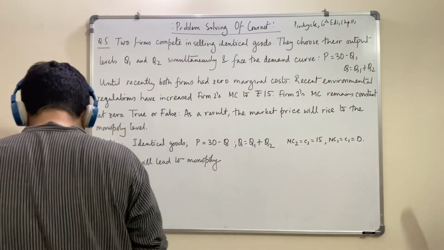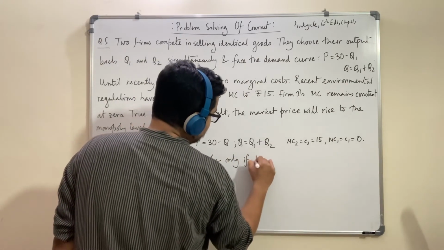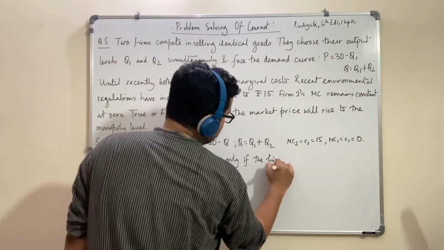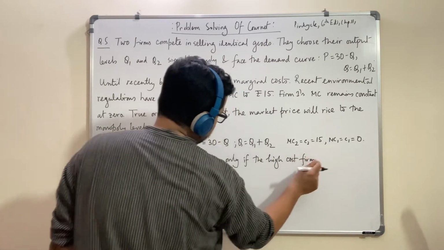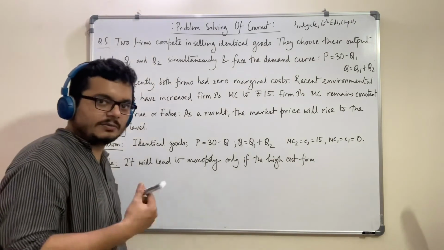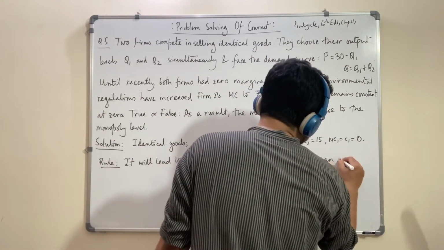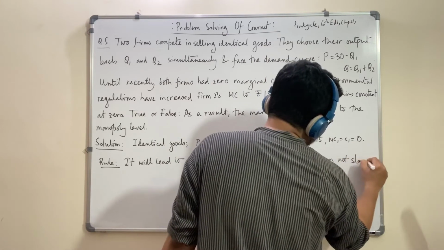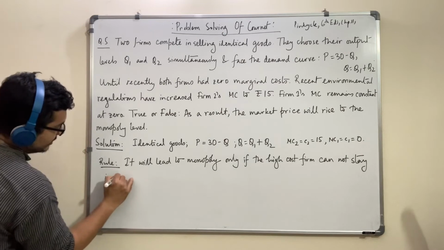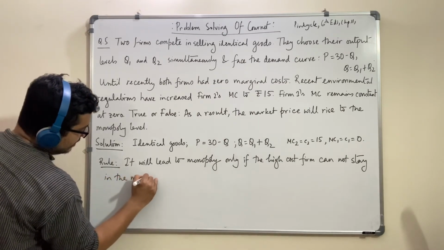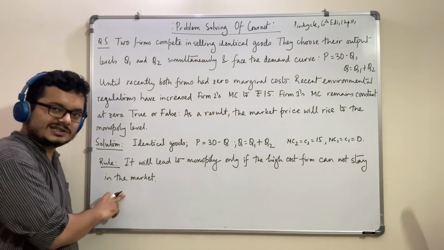It will lead to monopoly only if the high cost firm, so for us it is firm 2, the high cost firm cannot stay in the market. So this is what we have to check.